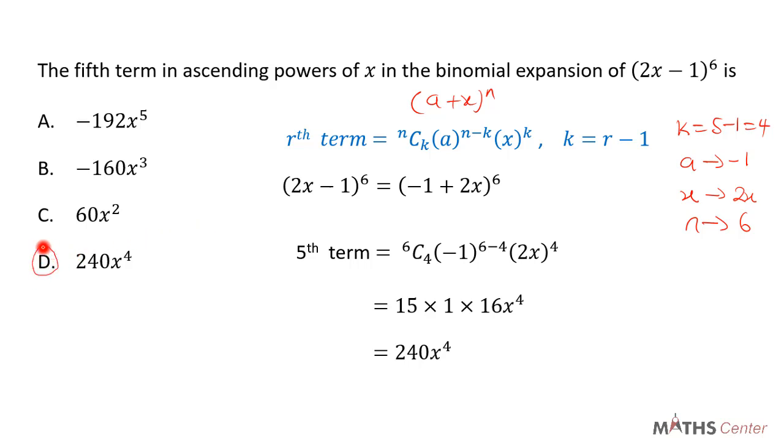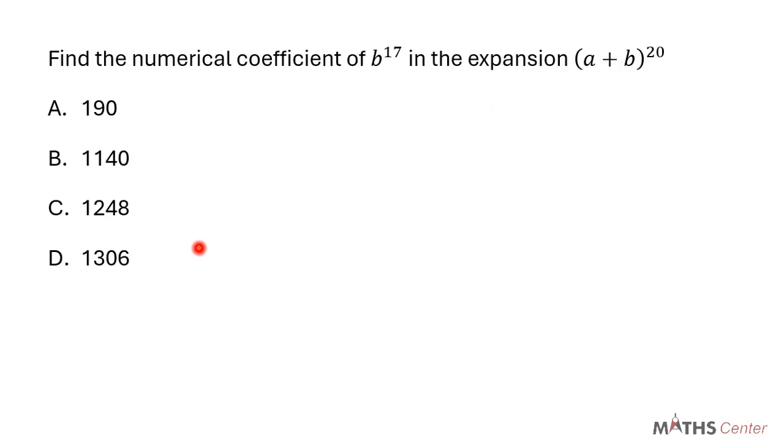Let's consider the next question. We have another multiple choice question here. So we are going to solve it, and after that we will pick the correct option. It says that we should find the numerical coefficient of b exponent 17 in the expansion of a plus b exponent 20.